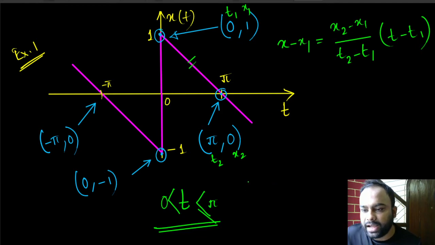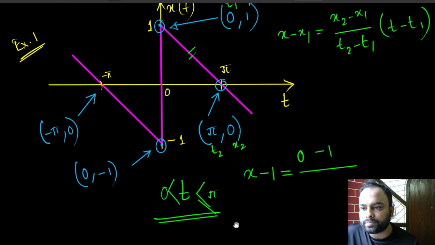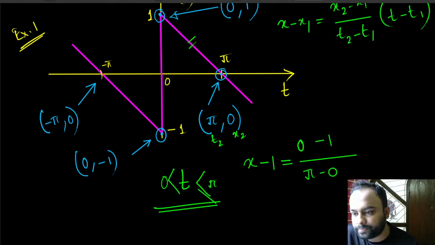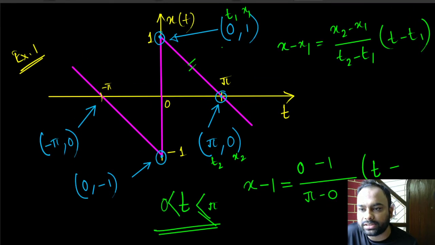So with that said, I would have x minus x1, that's equal to 1, equal to x2 minus x1, so 0 minus 1, divided by t2 minus t1, so pi minus 0, multiplied by t minus t1. And what is t1? t1 is 0, right? This is t1.